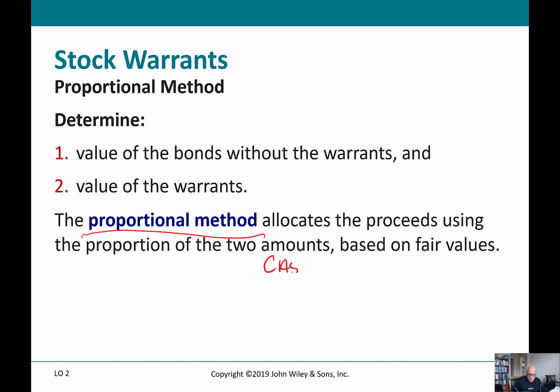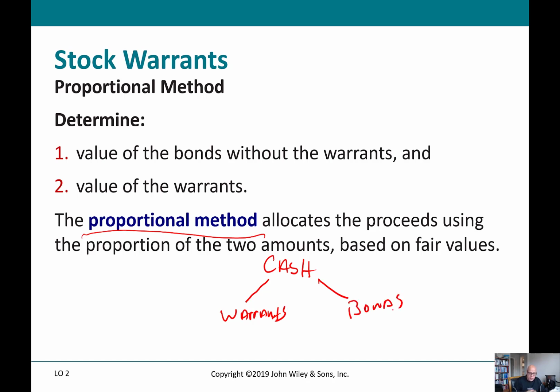There is an amount of cash that will come in on the issuance of this bond with these little pieces of paper, the detachable warrants. So we have this amount of cash that comes in, and our job is to figure out how much of that cash should go to the warrants and how much should go to the bonds.